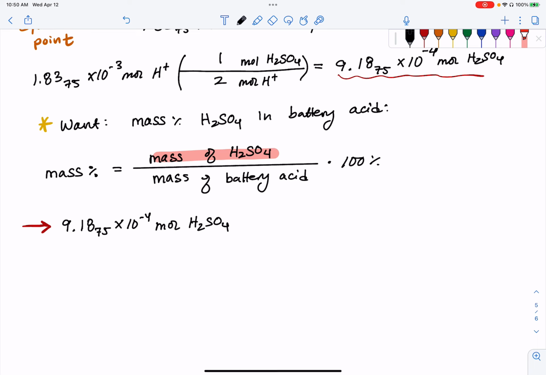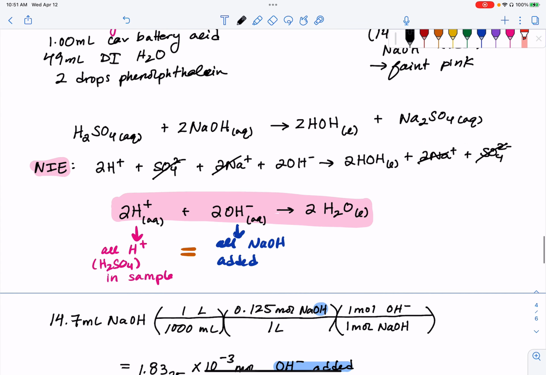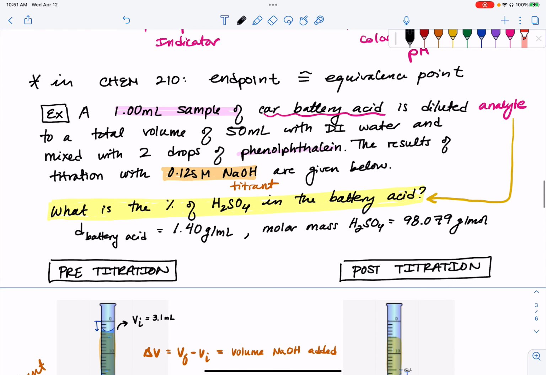And since I'm trying to get this into a mass, I'm going to use the conversion that relates moles and mass, in other words, molar mass, where I'm going to multiply by my molar mass so that my moles of sulfuric acid will cancel, leaving behind grams sulfuric acid.